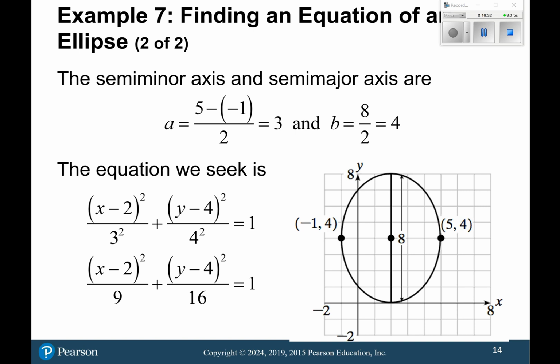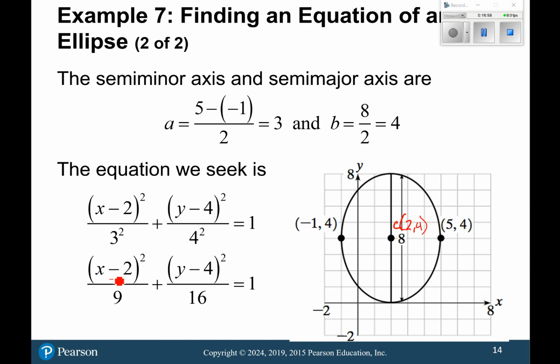we can write the equation. So again, A is 3, 3 squared. We're going to put 9 as our denominator under the x variable. B is 4, square that, 16 becomes the denominator under our y variable. And again, we figured this out on the previous one. The center is at 2, 4.